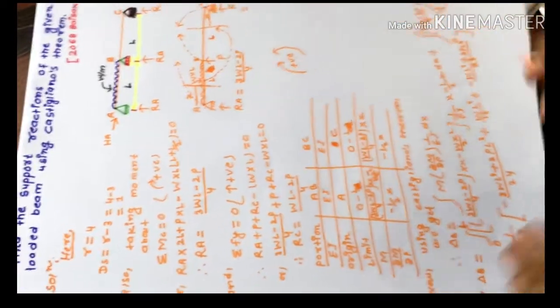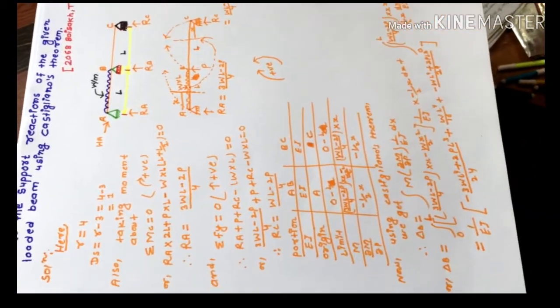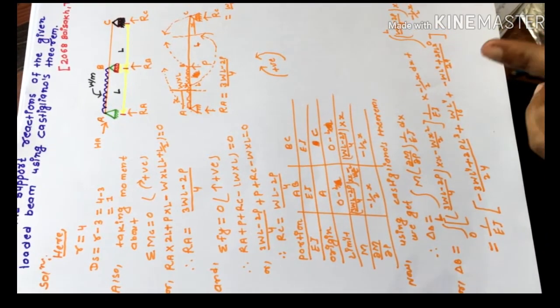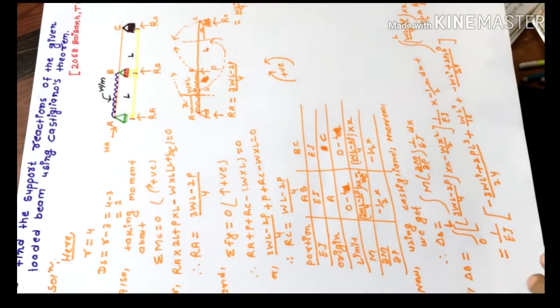Now what we can see in the figure at support B is that the actual deflection at support B is 0.